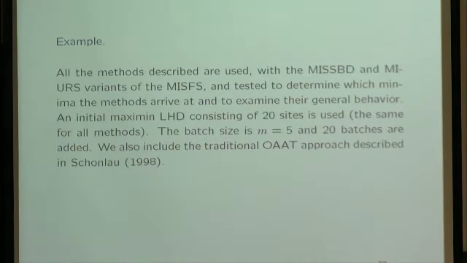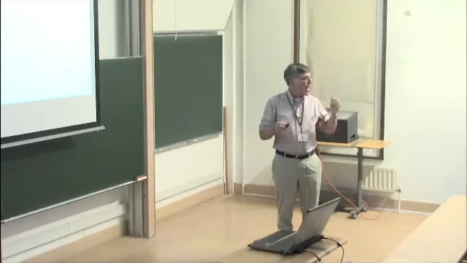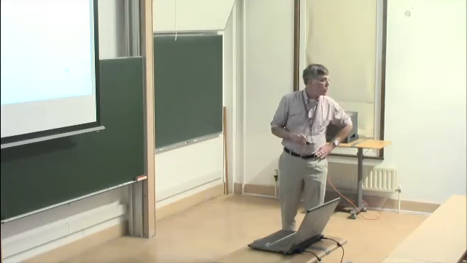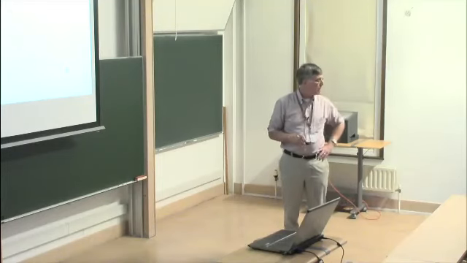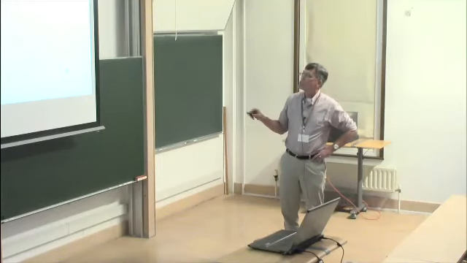So we tried to implement these, and Aaron said, well, I'll start with an initial maximin Latin hypercube design consisting of 20 sites, and then start adding points in batches of 5 and just see what happens and compare it to what Jones and others find when they do theirs one at a time.